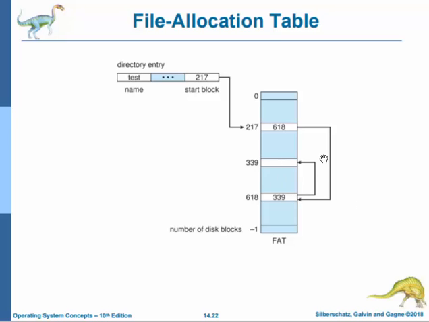So the disk head must move to the start of the volume to read the FAT and find the location of the block in question, then move to the location of the block itself. In the worst case, both moves occur for each of the blocks, and a benefit is that random access time is improved because the disk head can find the location of any block by reading the information in the FAT.